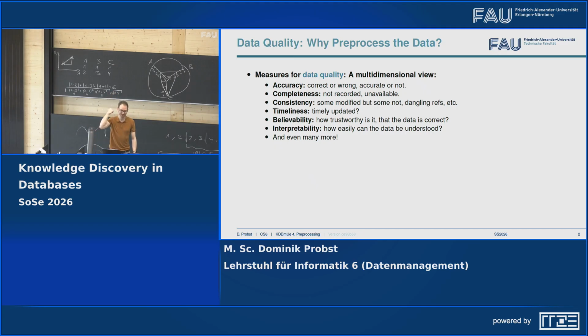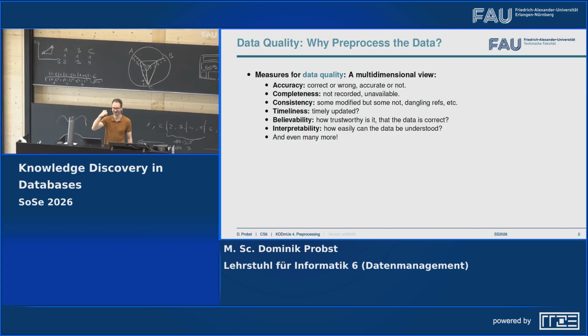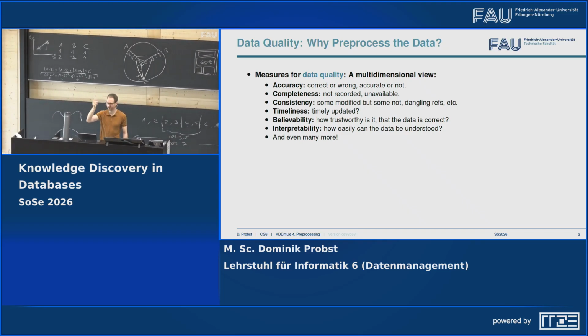And that's the case for a lot of real-world data sets, I can tell you. A colleague of mine is working on Siemens Energy data, and he gets a lot of data sets where we have attributes with some numerical values in them, but they don't know which attribute is defining which sensor.